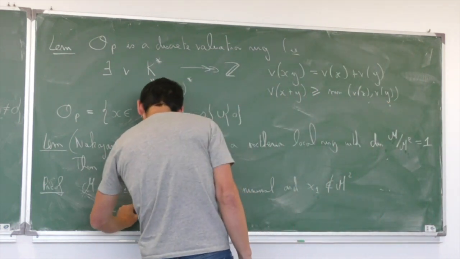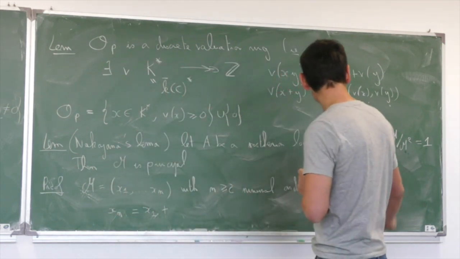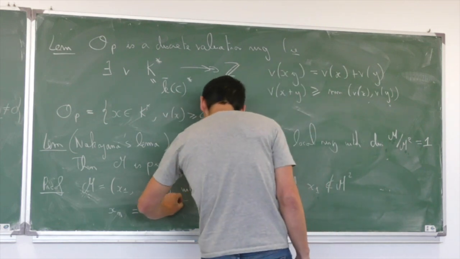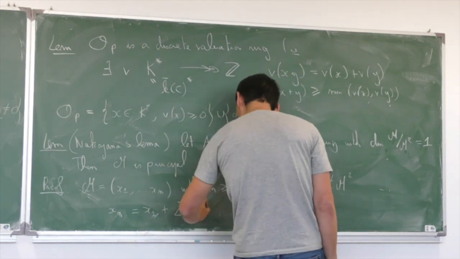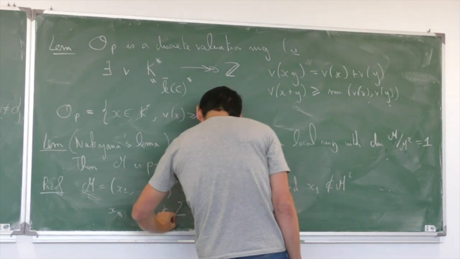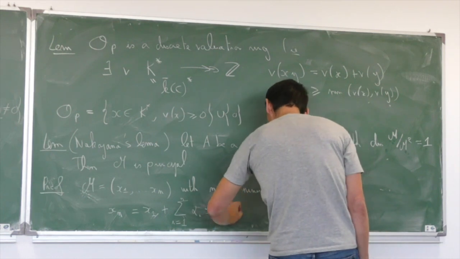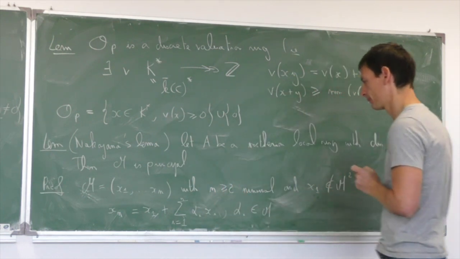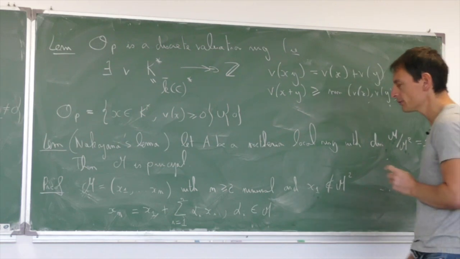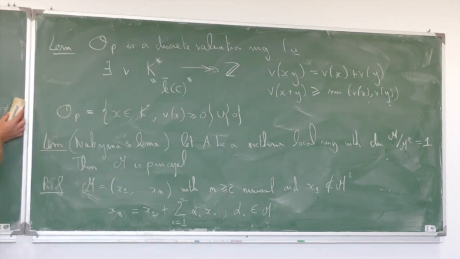So it's going to be x1 plus a sum of elements inside M squared. This is a sum that I can write as the sum of alpha i xi from i = 1 to n with alpha i inside M. And now I win, because you can do the following.